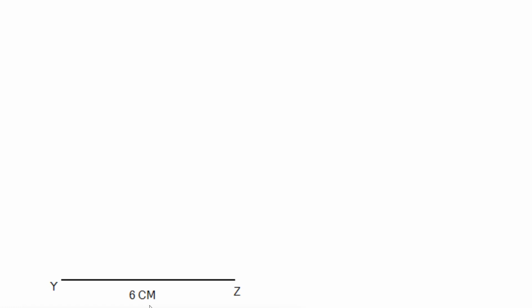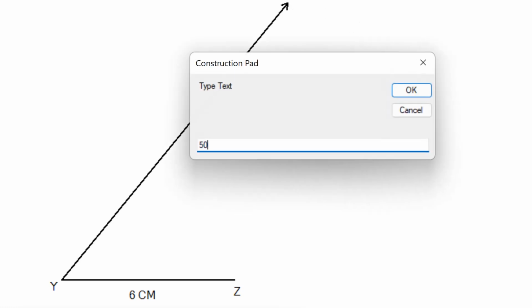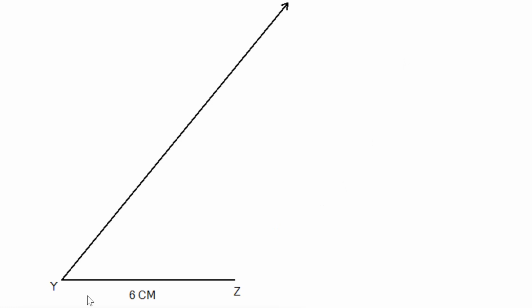Step number 2: construct a ray forming a 50-degree angle to YZ at point Y. Write the dimension 50 degree with the unit.